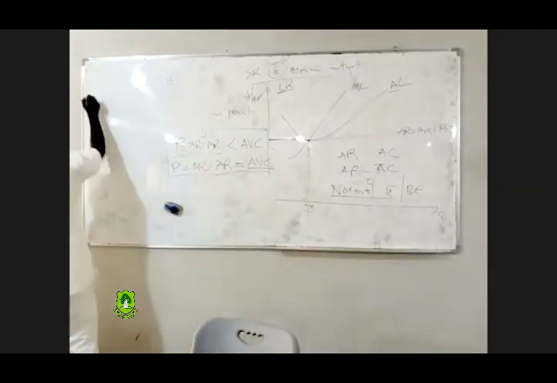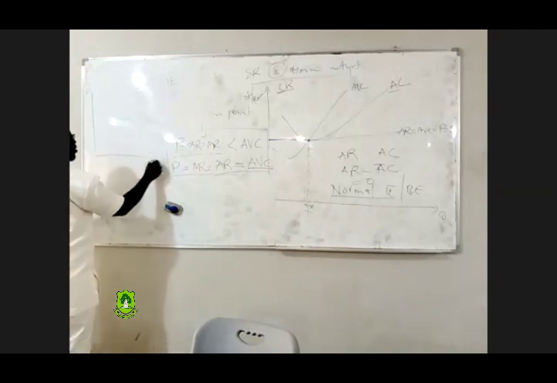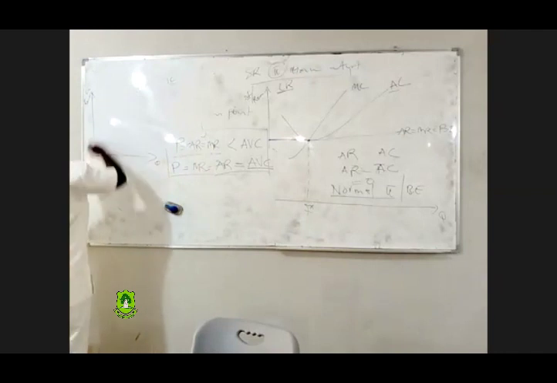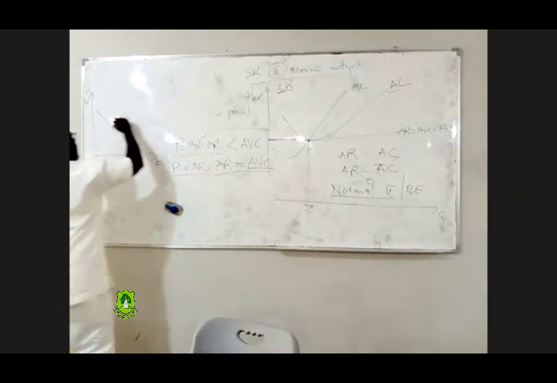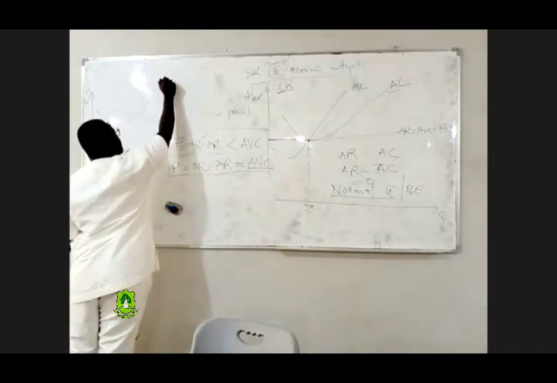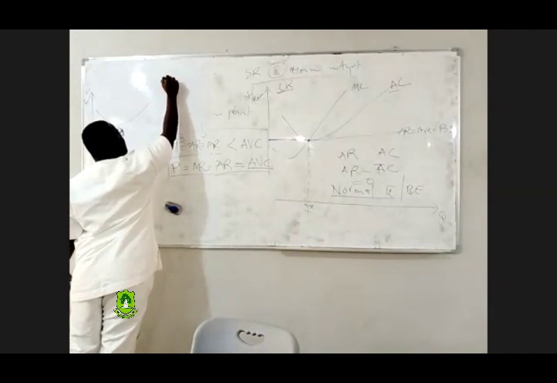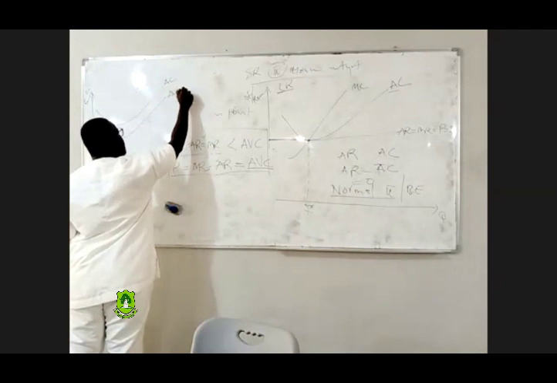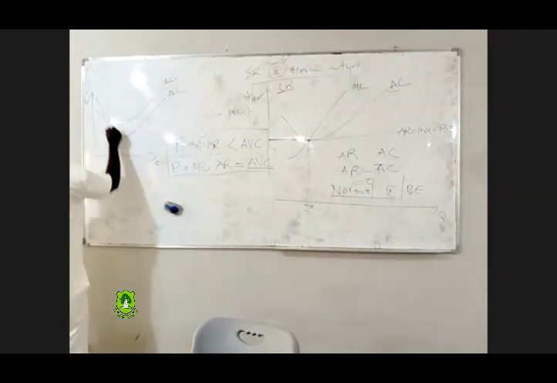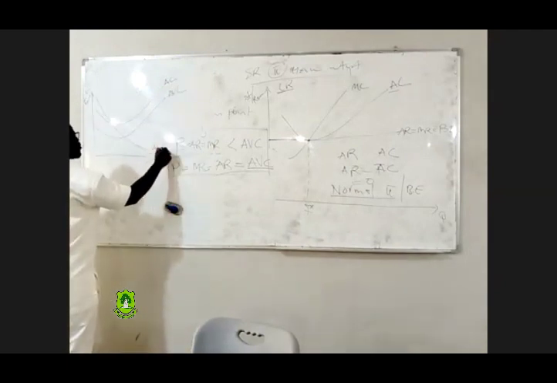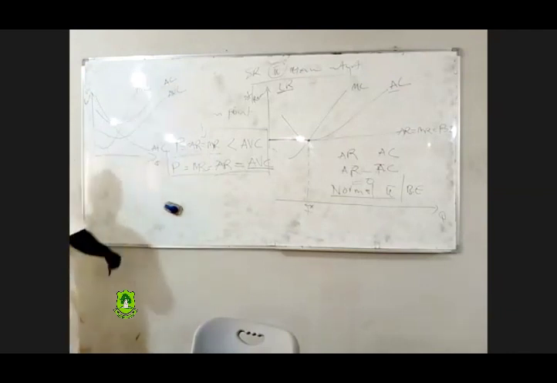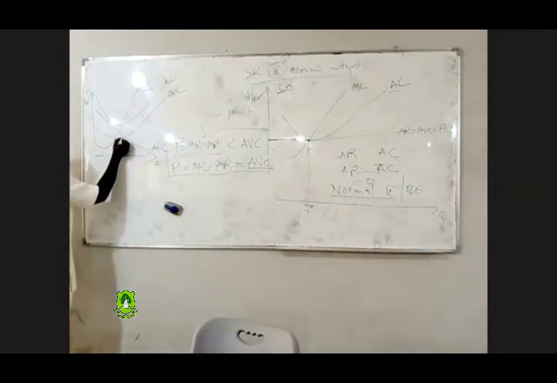If you have quantity here and cost or revenue here, we have average cost, average variable cost, average fixed cost, marginal cost. What will be the shutdown point? Remember, this is the minimum point of what?